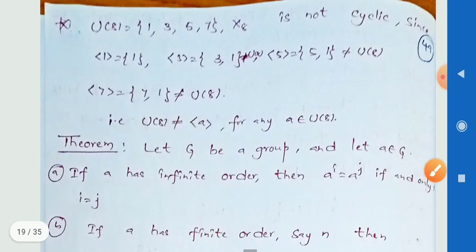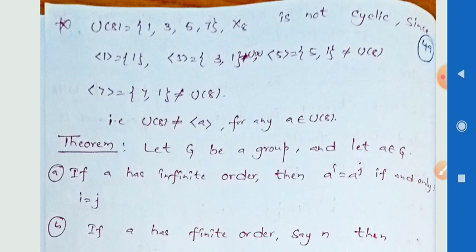Okay, now another problem. Here U of 8 is given, that is 1, 3, 5, 7 under multiplication modulo 8, and it is not a cyclic group. The set has only 4 elements.